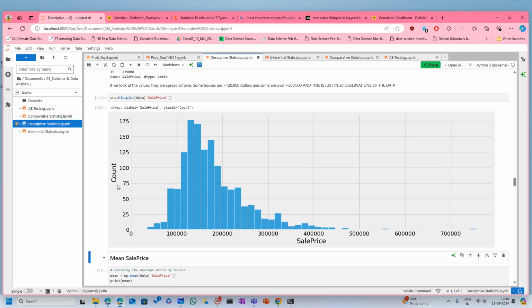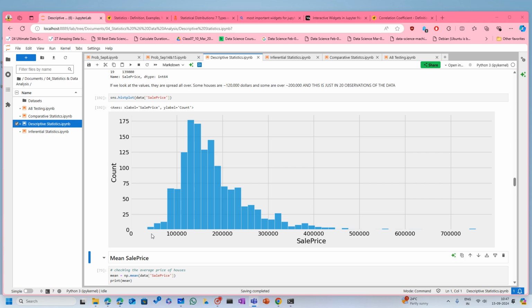You can see count versus sale price. A lot of houses have been sold between 1 lakh and 2 lakh dollars; the prices are in dollars here. So the majority of the data is here. Very few houses have been sold for 7 lakh, 6 lakh, 5 lakh or 4 lakh dollars.